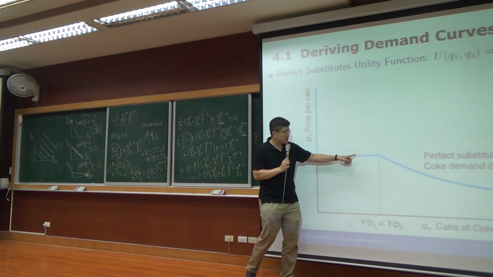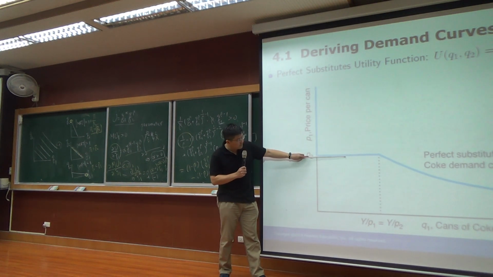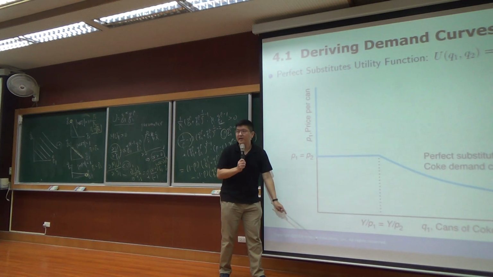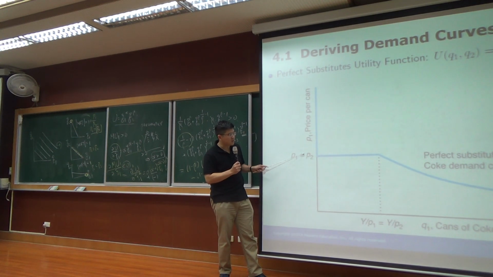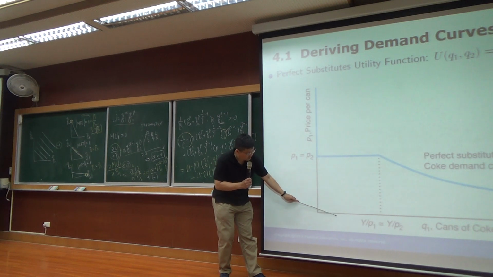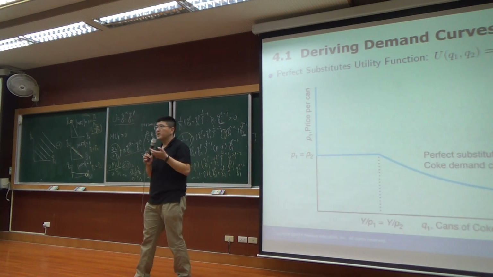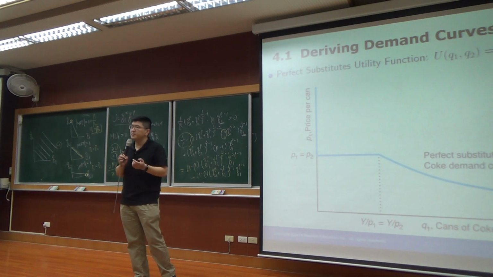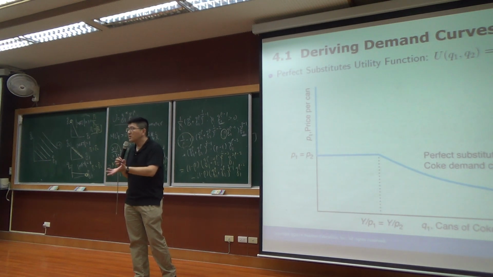And what about this? What about this? Which means when P1 is smaller than P2, this is P2. When P1 in this range is smaller than P2, which means good 1 is cheaper than good 2, right? So we spend all money on good 1 or good 2? On good 1, right?